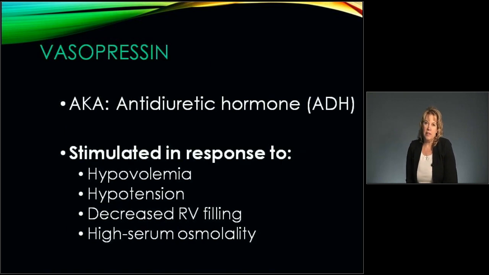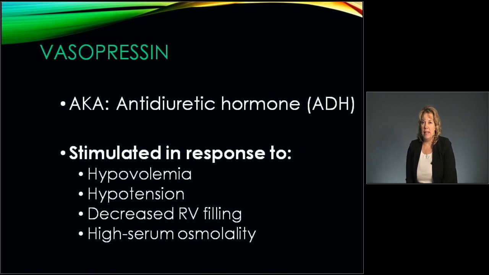So vasopressin, or antidiuretic hormone, is released not only with the sympathetic stimulation, but also when we have hypovolemia, so anytime that there's decreased volume within the circulatory system, when we have hypotension and our mean arterial pressure is low, when we have decreased right ventricular filling, and also when we have a high serum osmolality.